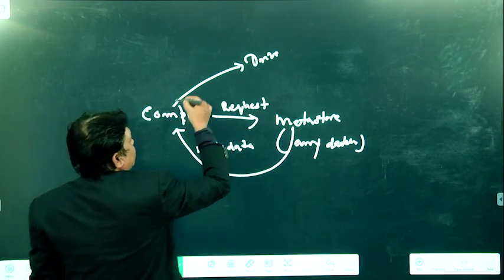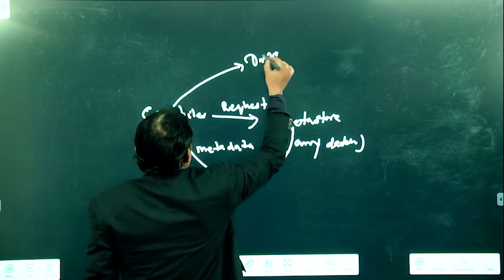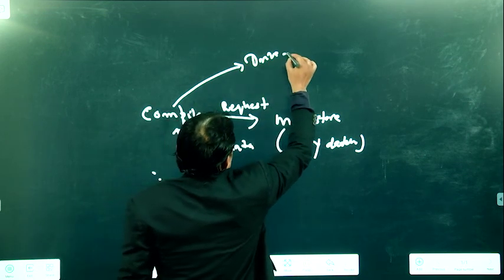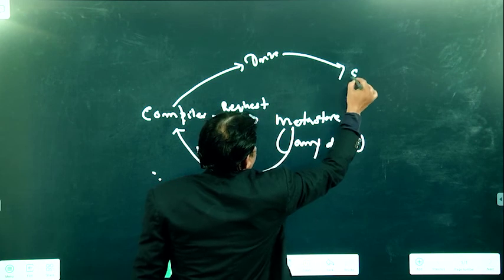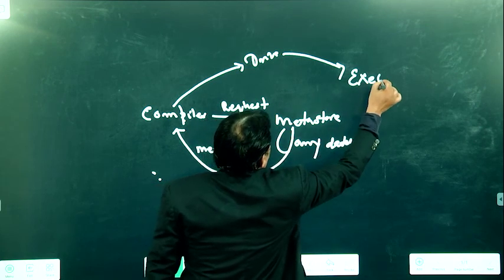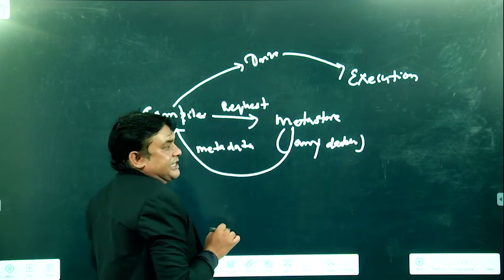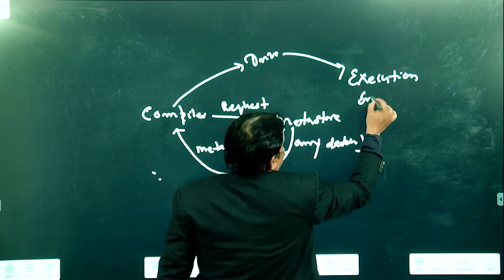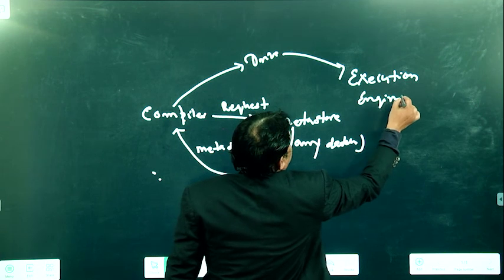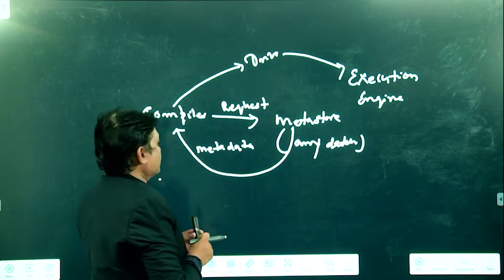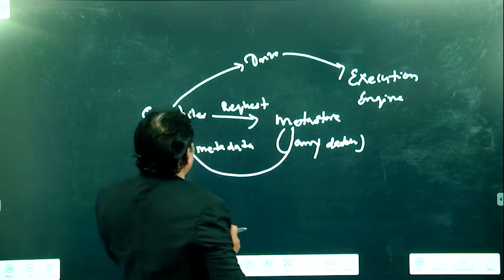After that, it resends this plan to the driver for execution of this query. For execution of this query, we need to have an execution engine, right? You see how these things are working here.